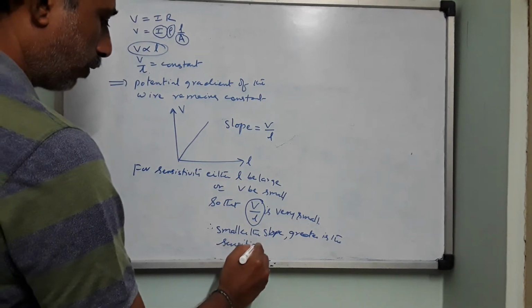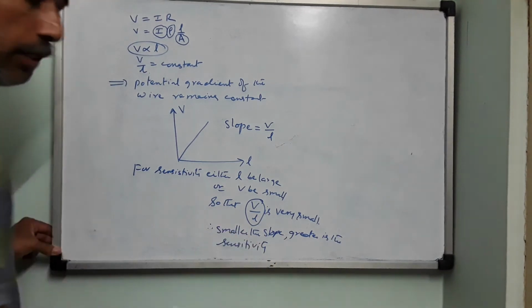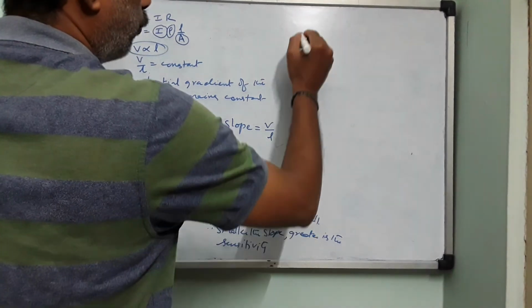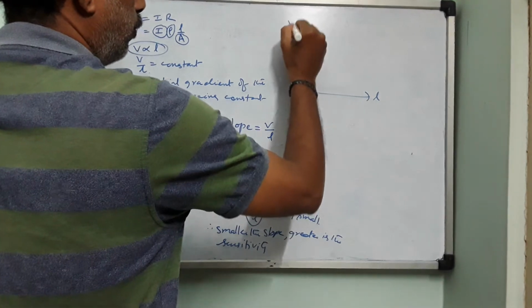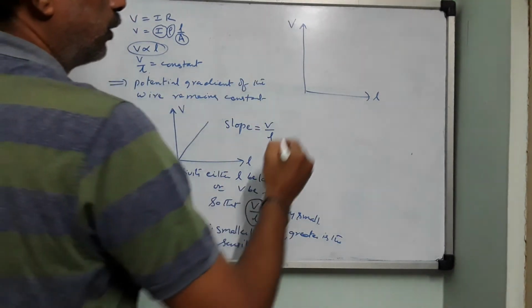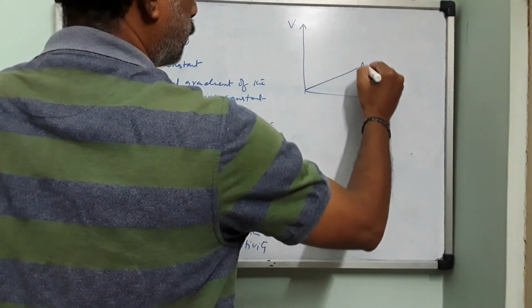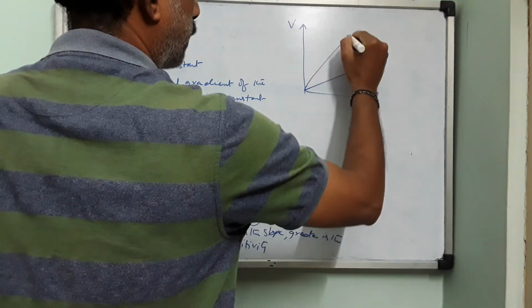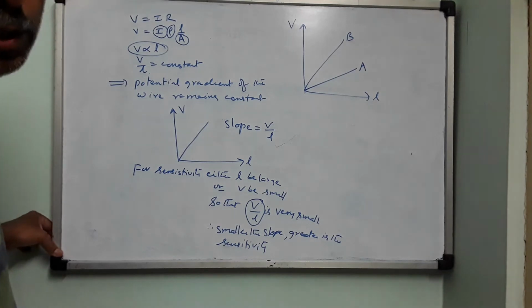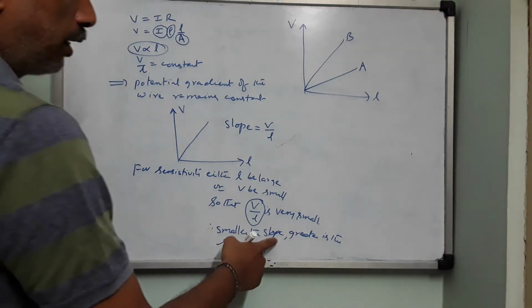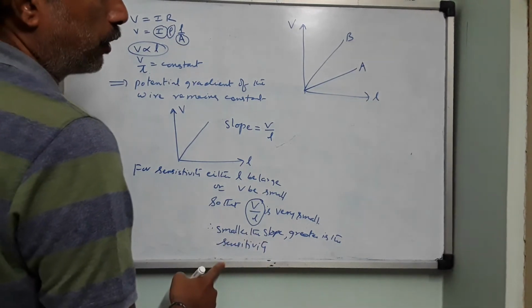You can expect one mark questions on this concept, that we have two potentiometers whose graphs are like this. This graph is drawn for potentiometer A and this is drawn for potentiometer B. Which potentiometer is more sensitive? Smaller the slope, greater is the sensitivity.